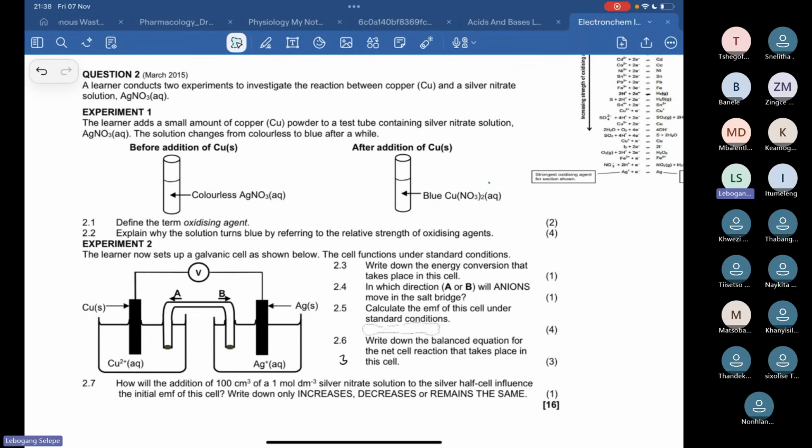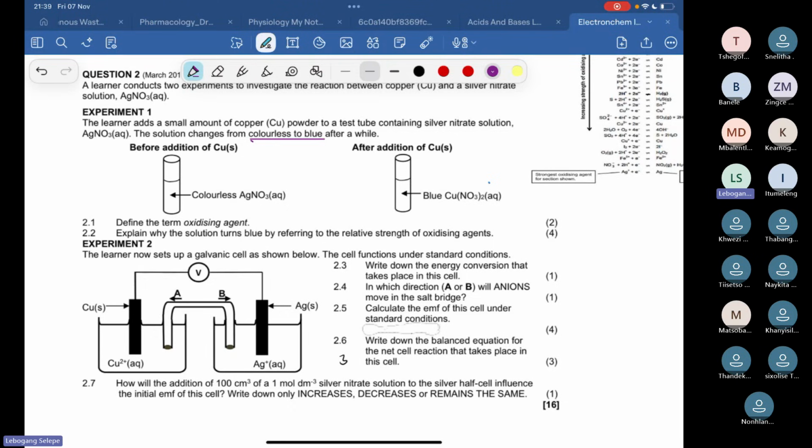The solution changes from colorless to blue. So a color change means that a reaction took place, and the learner just mixed the substances and spontaneously the reaction took place.